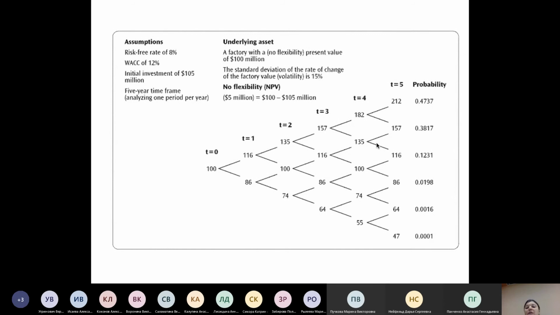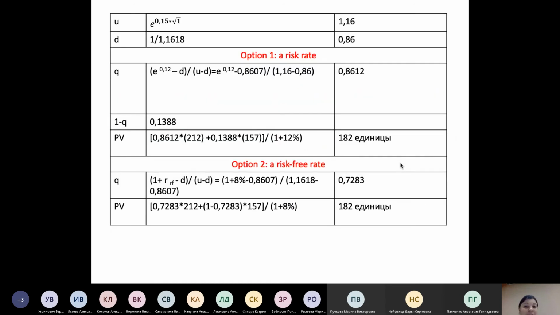In other words, it will be 157 multiplied by the probability of increasing, 86%, plus 116 multiplied by the probability of decreasing, 13.88%, and divided by 1 plus 12%. We'll receive 135. And all these sums can be calculated in the same way.